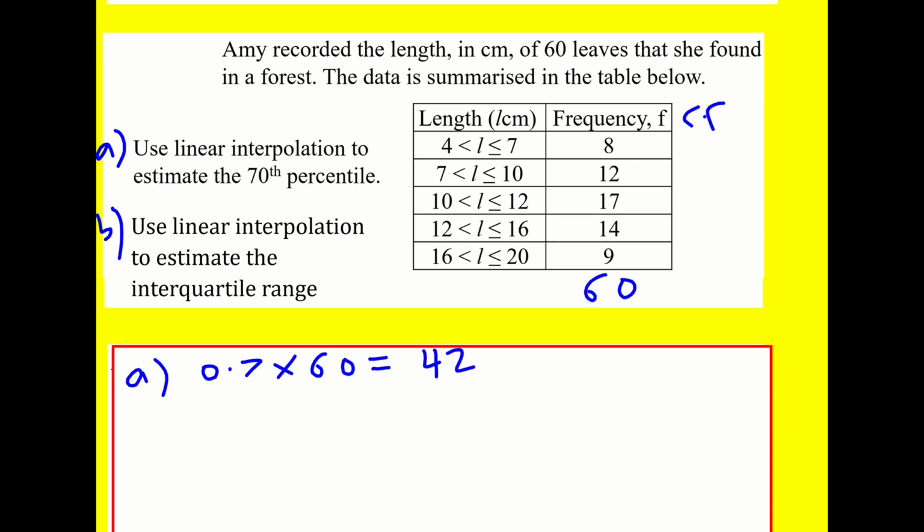So let's work out the cumulative frequency. Okay, I've got 37 here, so I can see it's going to be the 5th value in this group.